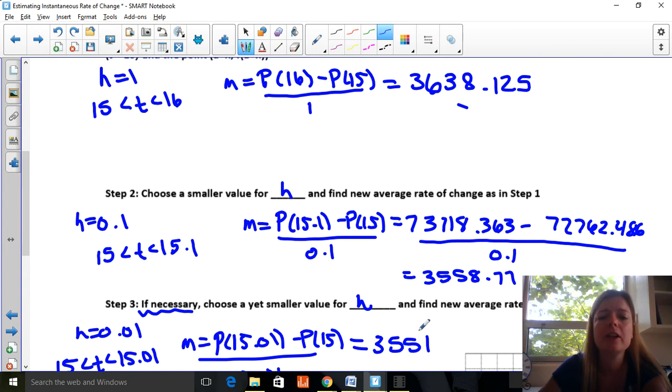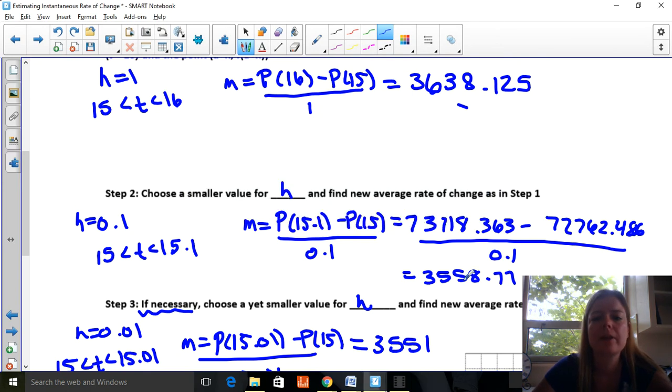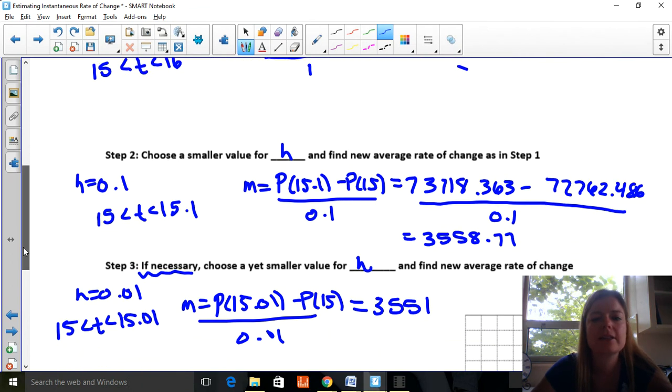Now, really, you could go even further, because I would argue that between 3558 and 3551, that's still a pretty big gap. So to me, you can't really, in good confidence, give a good estimate at 3551 because there's still so much distance.